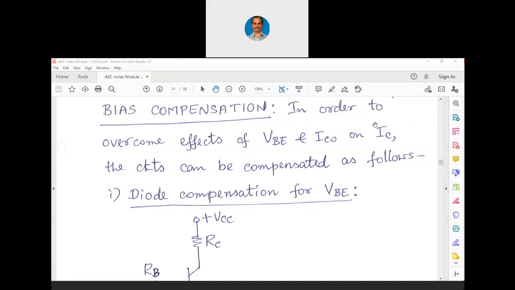So in order to overcome the effects of VBE and ICO on the collector current, the circuits can be compensated, which means the circuits can be provided with some other additional component such that the circuit will become more stable. That is called bias compensation.